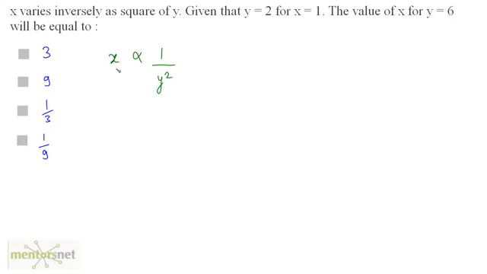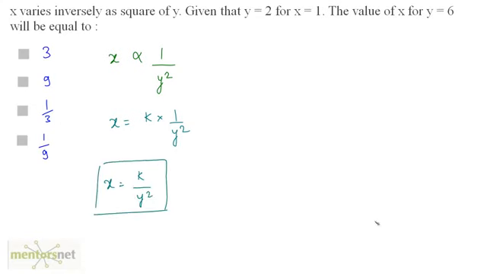So x is inversely proportional to y square. To make this an equation, you need to add a constant. So I can write this as x is equal to some constant times another term, so k times 1 by y square. Therefore x is equal to k by y square. This is the basic equation that yields the value for y and x when some value is taken.